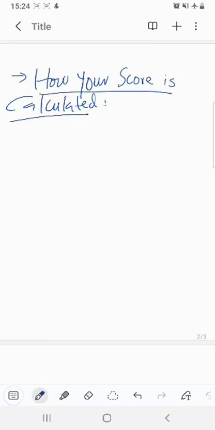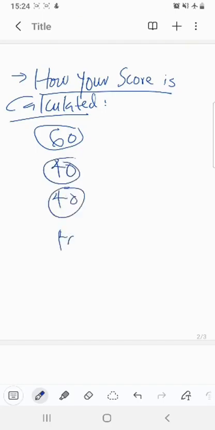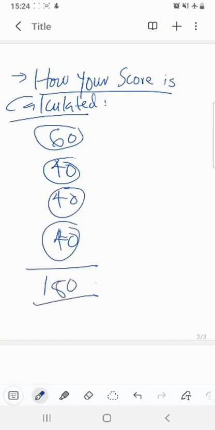Now, we all know that the Use of English consists of 60 questions, while the rest three options are 40, 40, 40. It gives us a total of 180 questions.